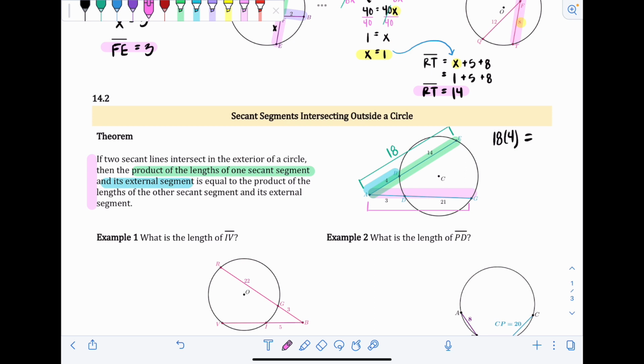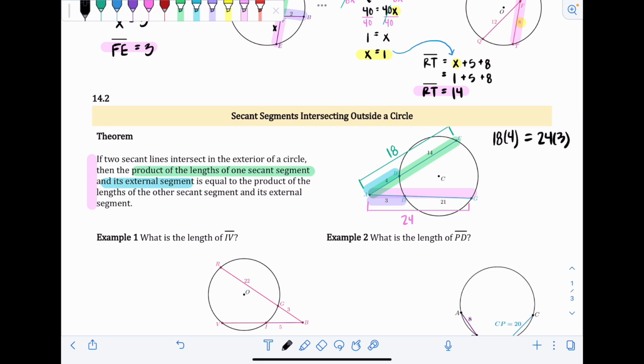So we'd have to add them together. 3 plus 21 would give us 24. And then we would multiply that by just the external part, A to D, so it would be just 3. So we would do equals 24 times 3.